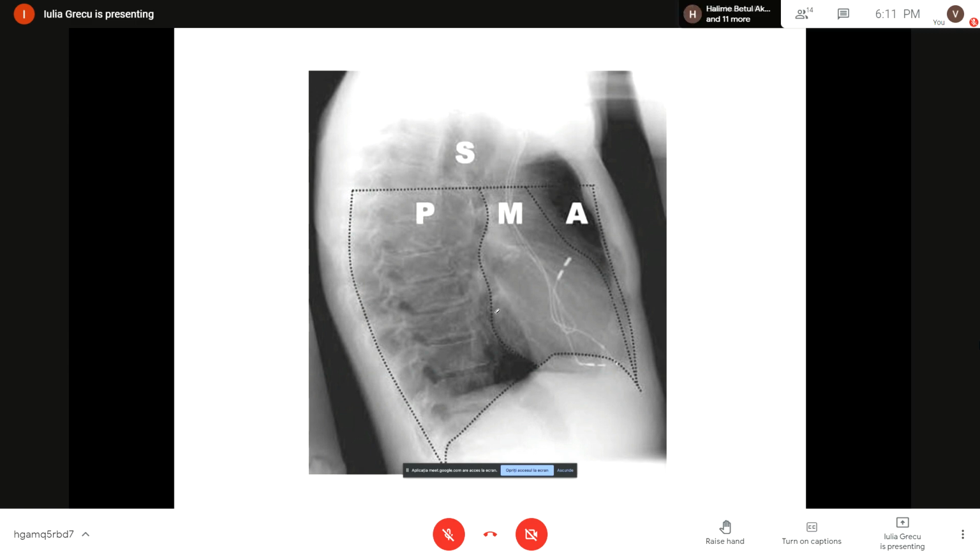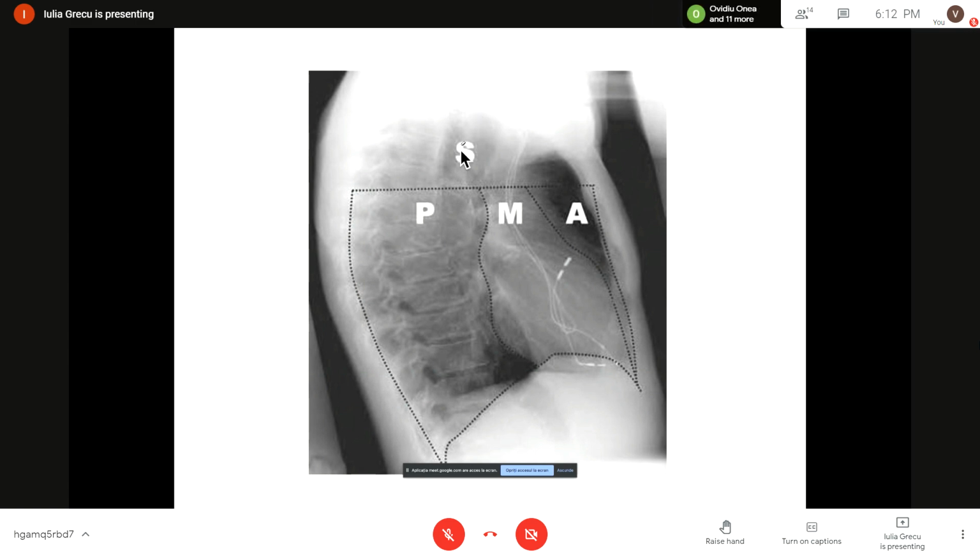In the middle, we have the heart and related structures, and in the posterior, we have the vertebral column and paravertebral spaces, the esophagus and lymph nodes and other related structures, basically speaking.